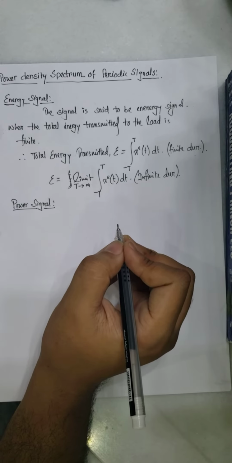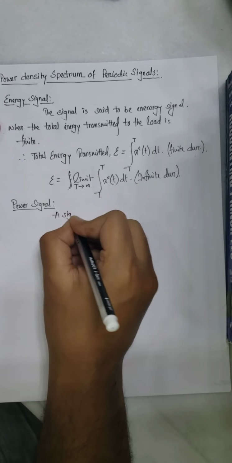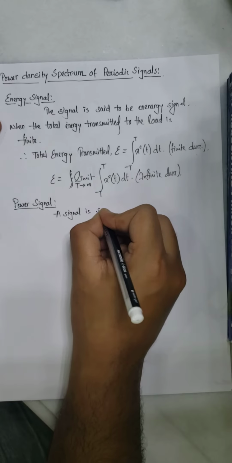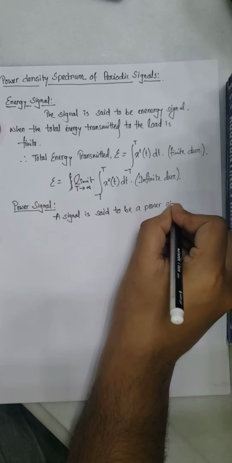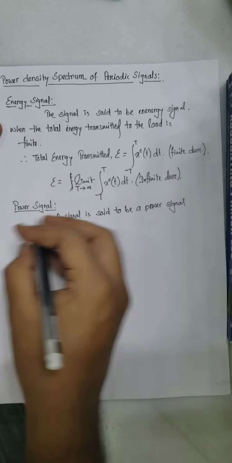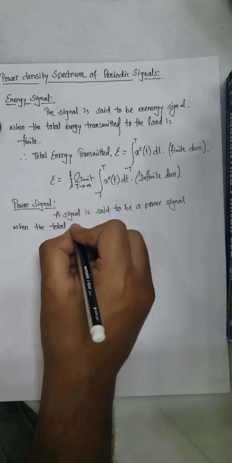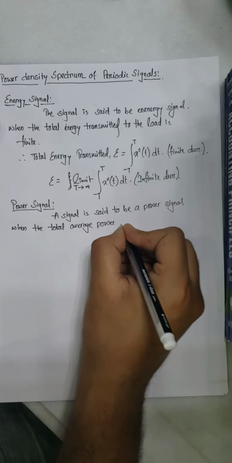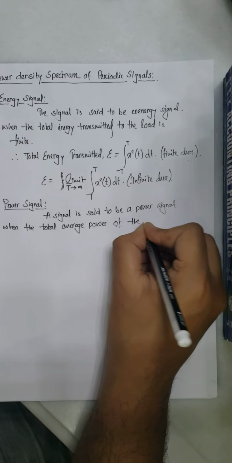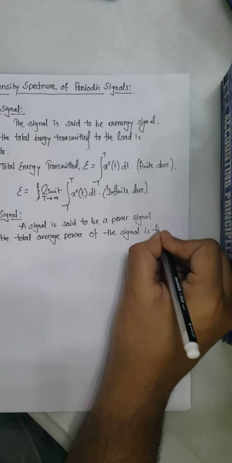A signal is said to be a power signal when the total average power of the signal is finite.